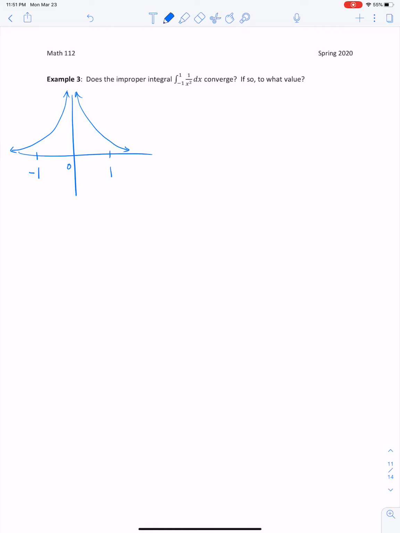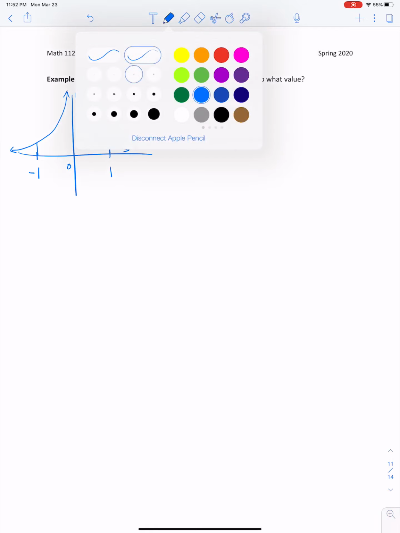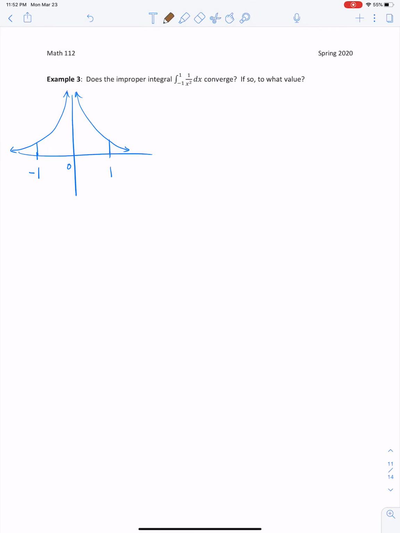In this cartoon here, what we would need to do is consider limits. Let me switch colors real quick here. We would need to consider a limit as we let c approach 0 from the right.